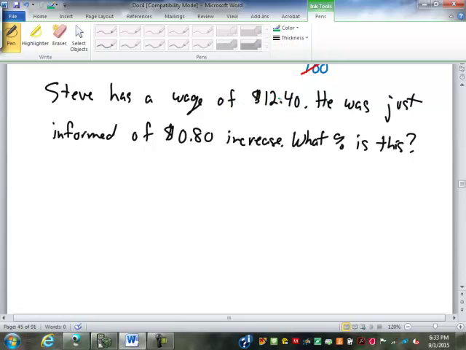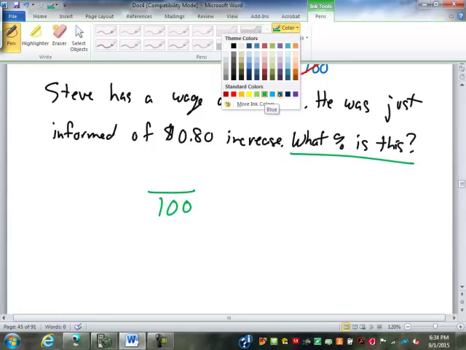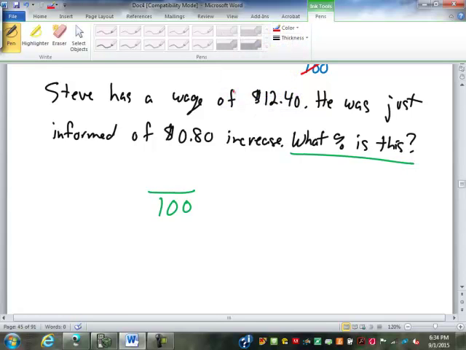So it's a percent problem, so we're going to have the percent over 100. In this case, do we know the percent? What percent is this? We're looking for the percent. So it is blank over 100. But we can still label this.